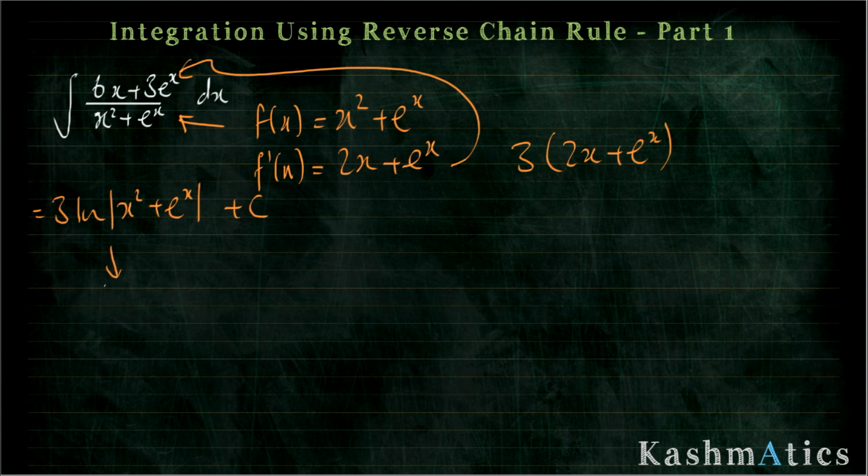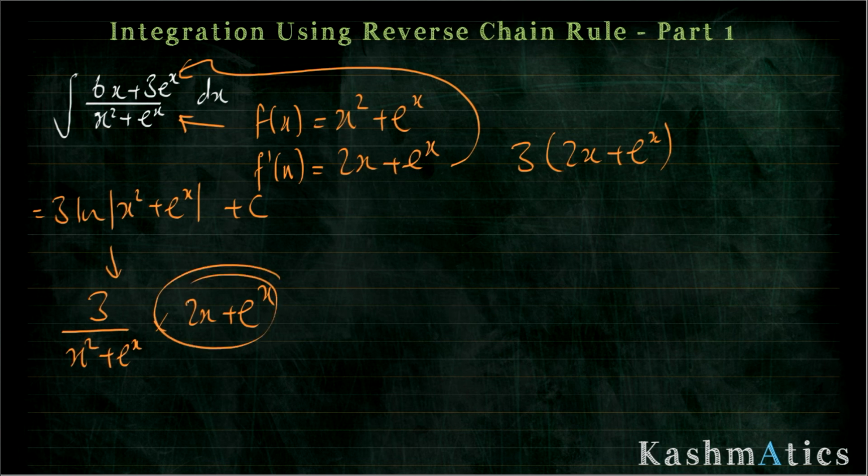If I was to differentiate this now, it'd be 3 over x squared plus e to the x multiplied by 2x plus e to the x. And if I was to multiply this by 3, I'd get the right numerator. So what you've got to make sure of is that you consider the ln of the bottom, so the natural log of the bottom, differentiate to see what you'd get, and if you need to, introduce another factor to get the correct answer.